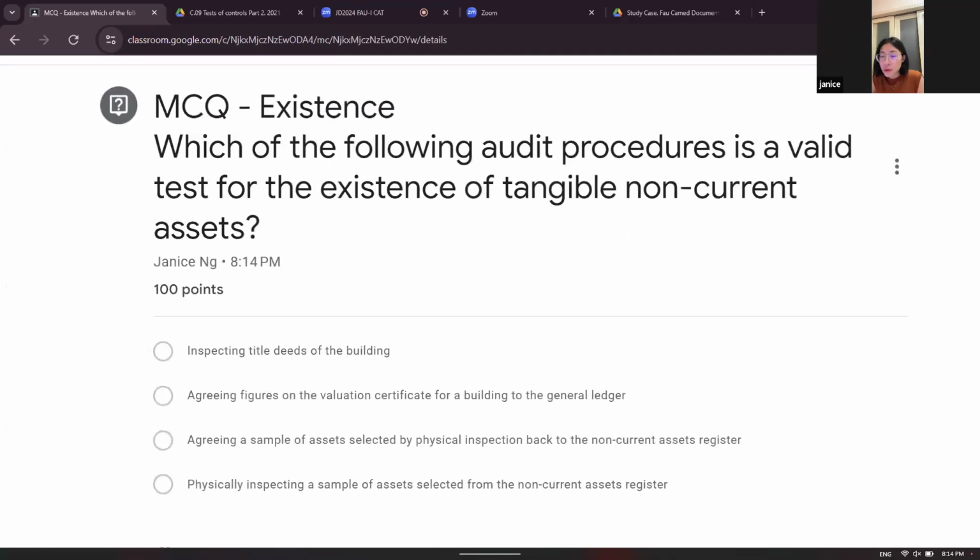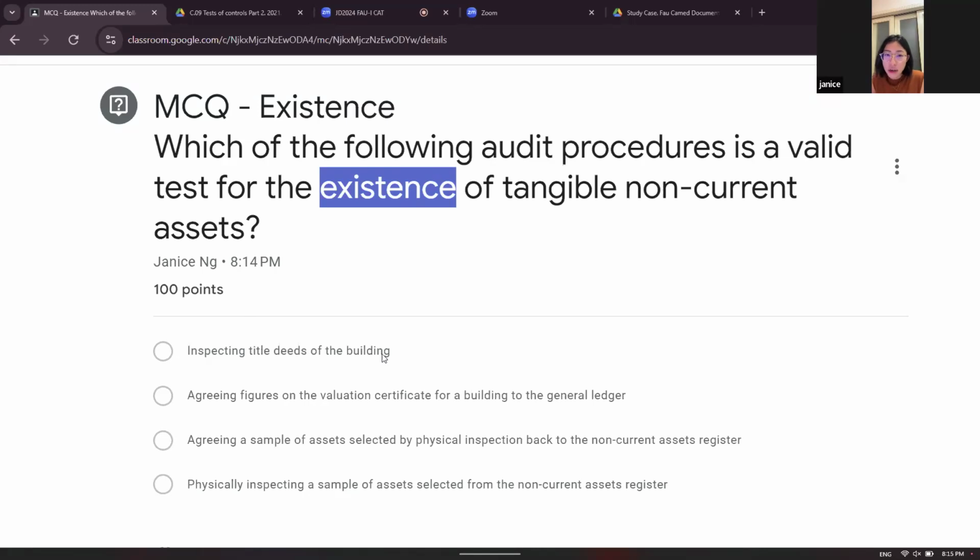Existence. Which of the following audit procedure is a valid test for the existence of tangible non-current assets? All right, so which one help us to verify existence? So very important. Here we want existence. So don't give me for rights and obligation. Don't give me for valuation, right? All right.